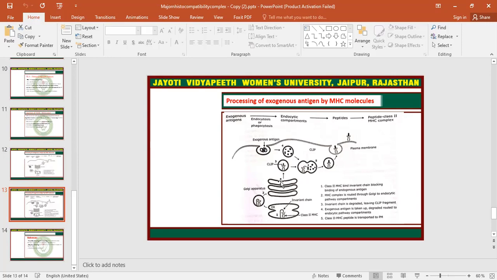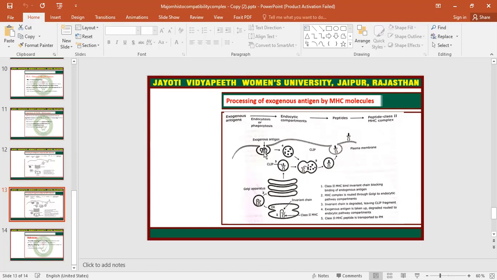After complex formation of this peptide, this MHC molecule will form a vesicle, and this vesicle will be transferred outside the cell and will present this antigen to the other cells, which are the T helper cells, with the MHC class 2 molecule. So this MHC class 2 molecule will show the antigen to the T helper cell.